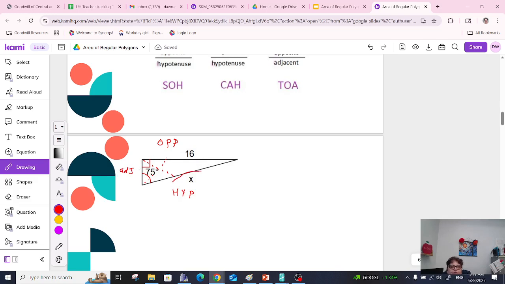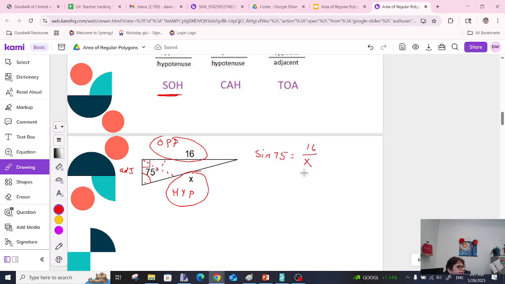I'm looking for hypotenuse, and I have opposite. Which one uses opposite and hypotenuse? Sine. So is sine equals opposite over hypotenuse? Yes. Sine 75 is equal to 16 over x.